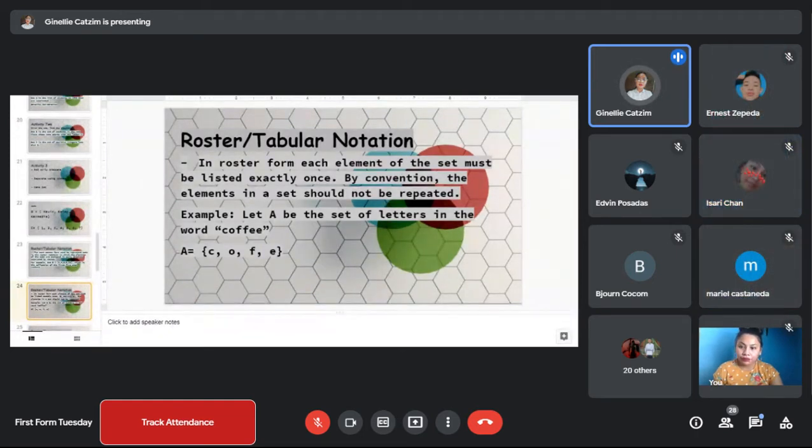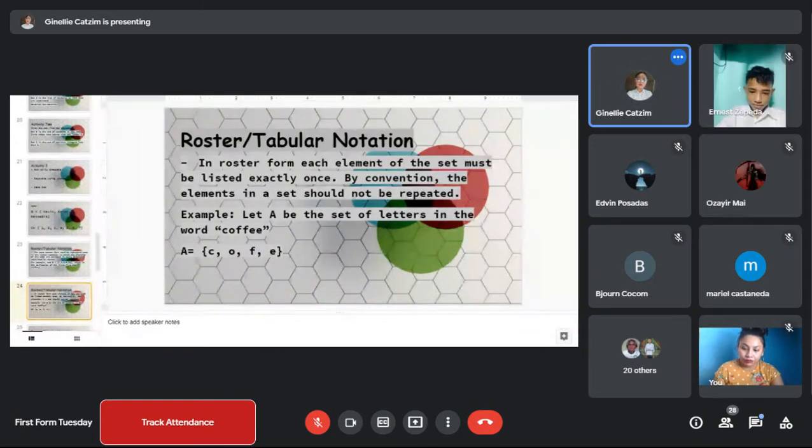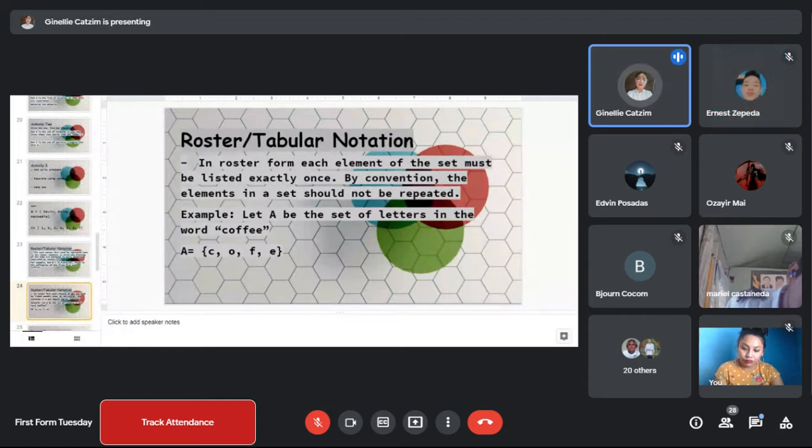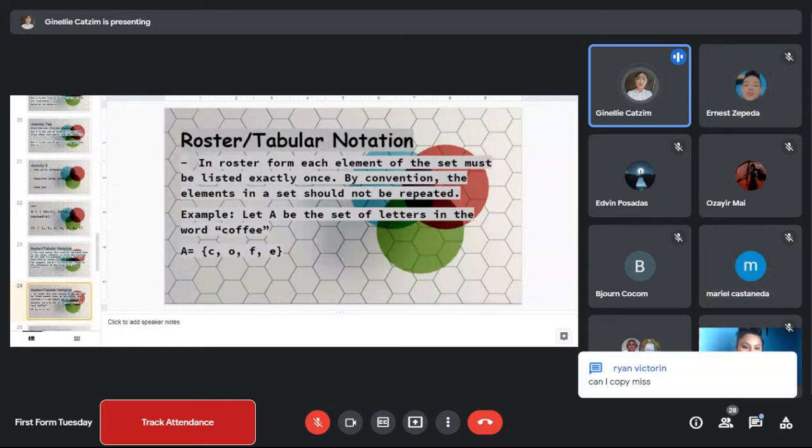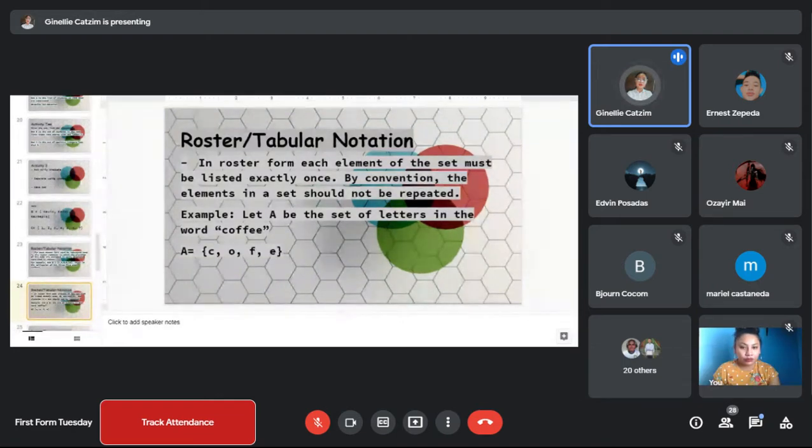Let A be the set of letters in the word coffee, right? Since we have 2 F's and 2 E's, we do not repeat those. We just write 1. Let A be the set of letters in the word coffee.